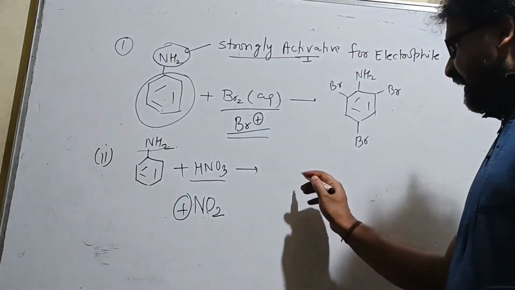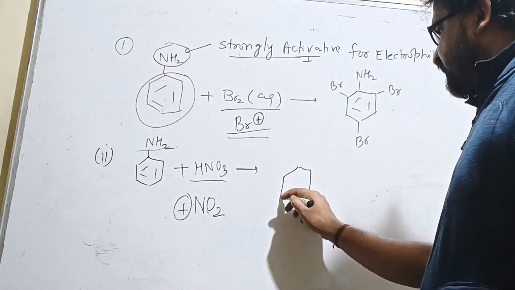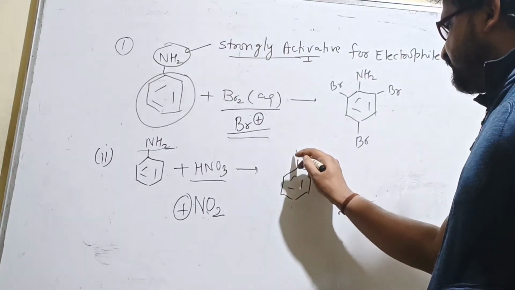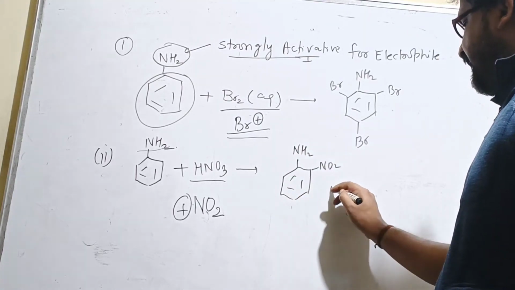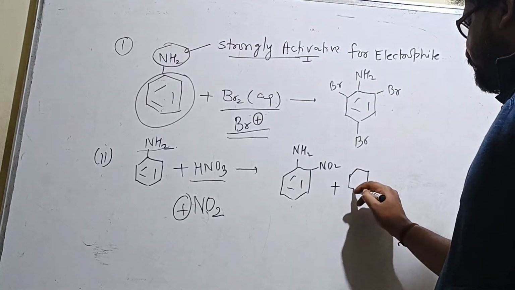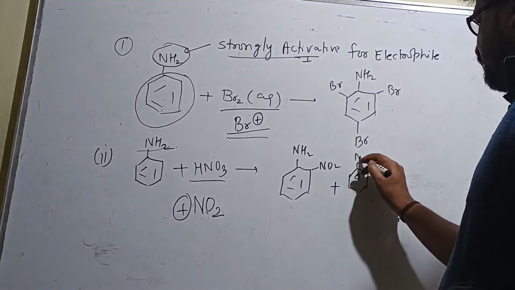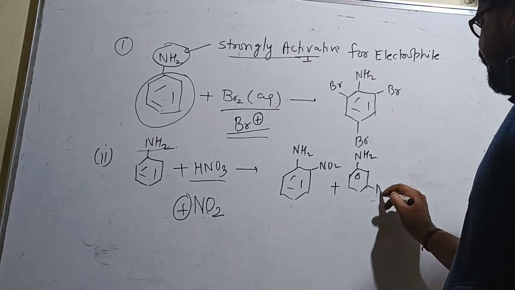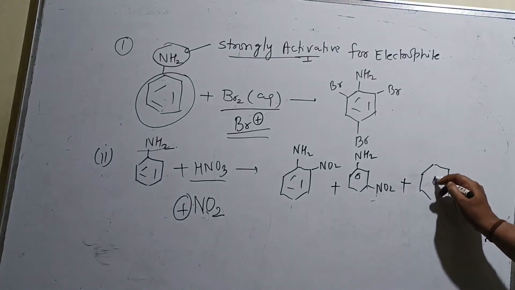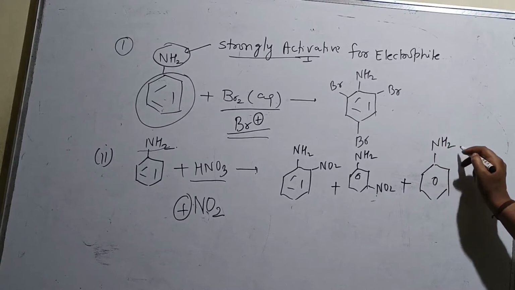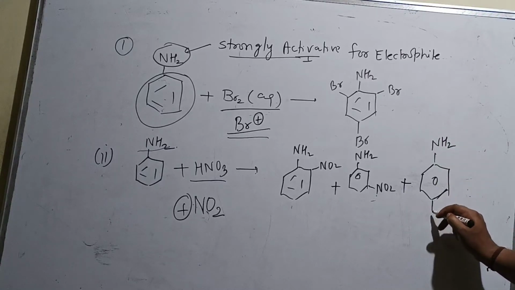But when the reaction happens, you will get orthonitroaniline, metanitroaniline, and you will also get paranitroaniline.